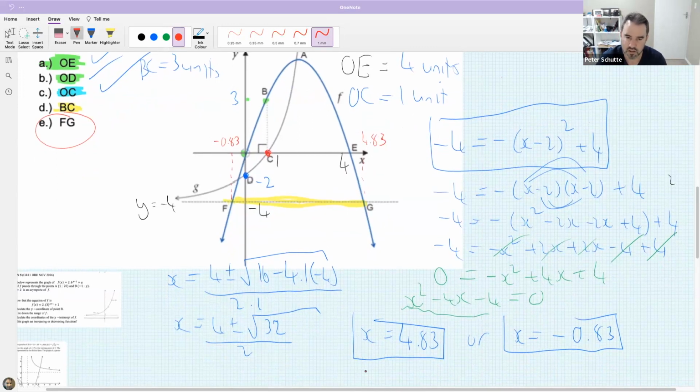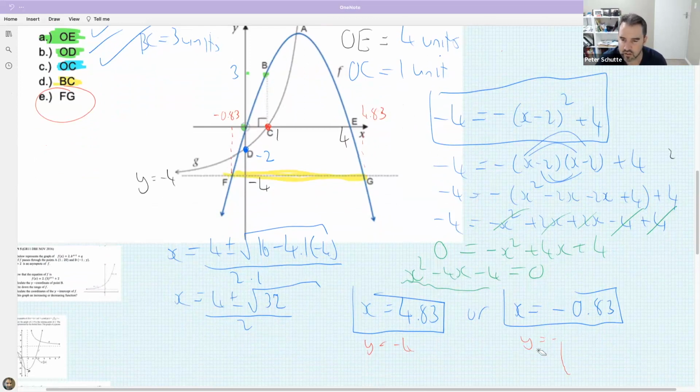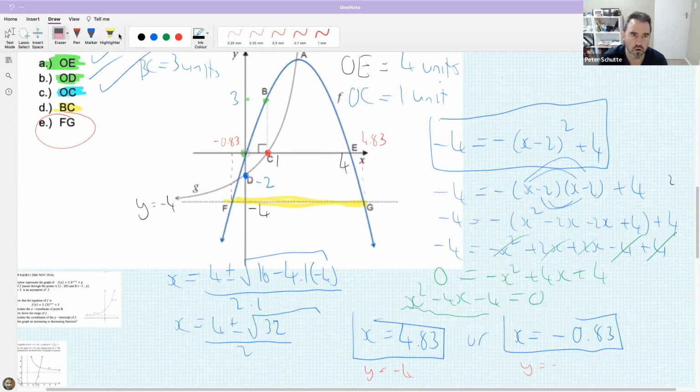Now, in this question, all I wanted to know was what is the distance FG? So what is this distance going to be? Well, I'm just going to have to add 4.83 plus 0.83 because it's a distance, and I get 5.66. And so FG is 5.66 units.